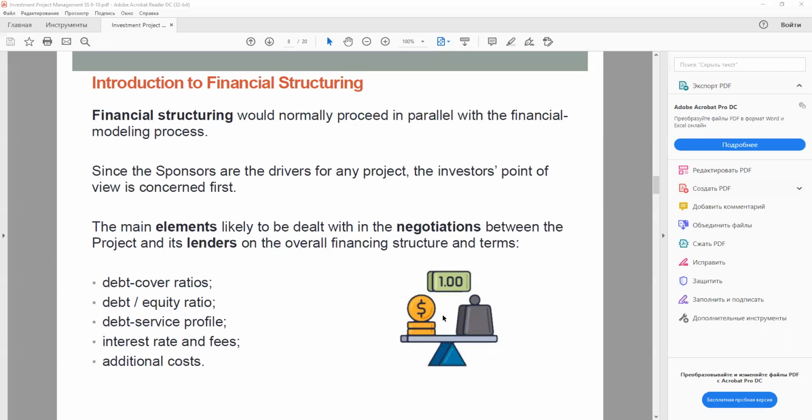Therefore, these interrelated effects need to be taken into account through further optimization of the financial model to produce the most efficient financial structure. It should be borne in mind that there is no merit in innovation for the sake of innovation in project finance.